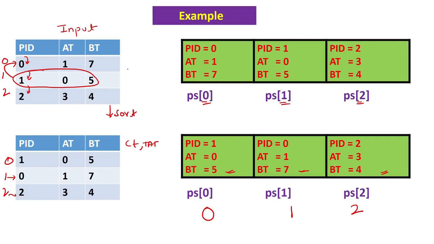If we want to print the data this way, then we need to sort this data again, based on the PIDs, in increasing order, so that the PIDs become 0, 1, 2. So just for the output purpose, in a better way, we are sorting this data again on the PID. Otherwise, if we do not sort a second time, our data will still be correct and our output will be correct.